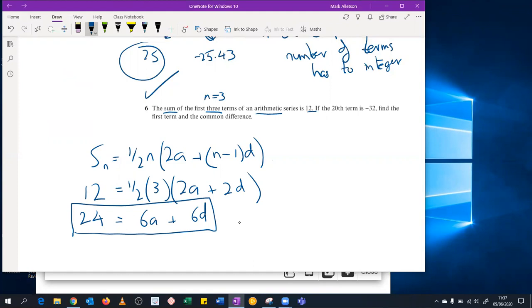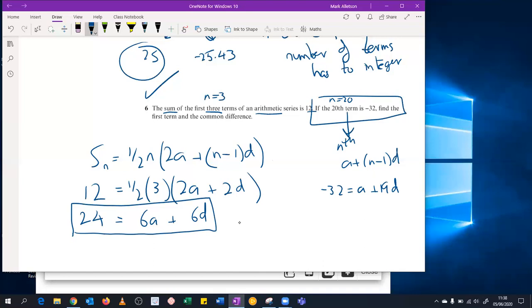Then it also tells me this information. If the 20th term is the nth term, which is, remember, a plus n minus 1 d. So if the 20th term, so that's n is 20, is equal to minus 32, that means minus 32 equals a plus, if n is 20, that's 19d.